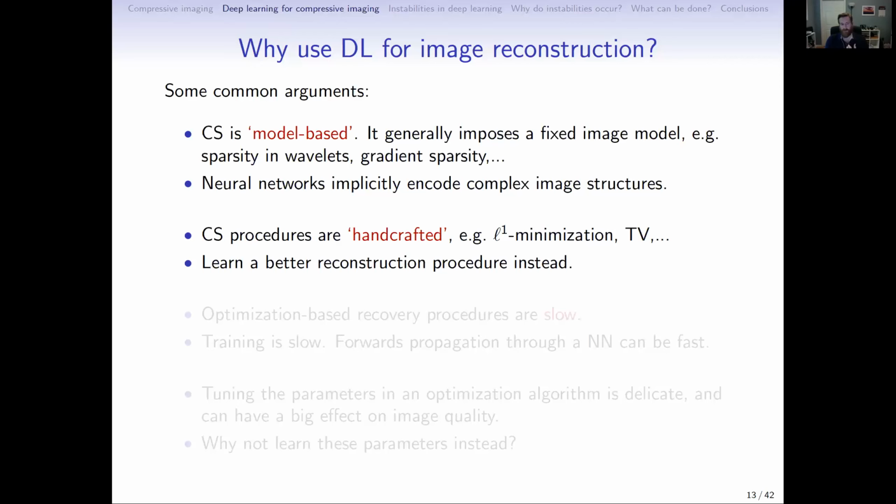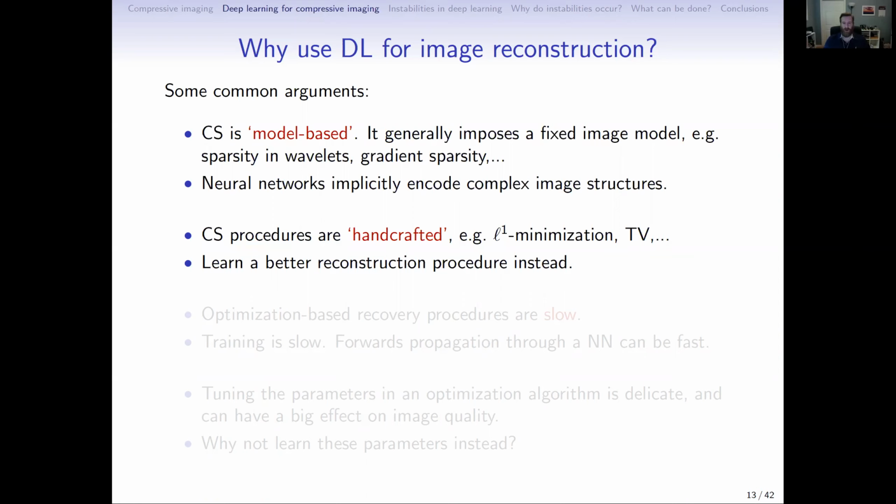It's not difficult to come up with more sophisticated models for images. But then it's difficult to design a reconstruction procedure that can exploit more complex structures. Now, of course, you can write down a very complicated reconstruction procedure, but at the end of the day, this needs to be something that you can actually compute solutions of.